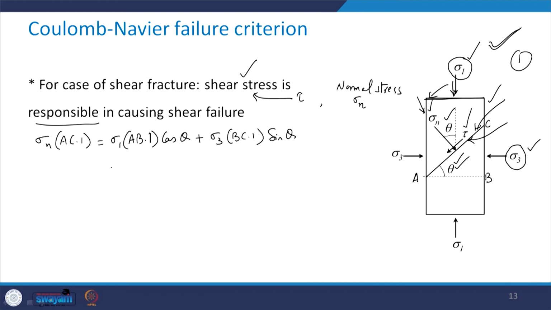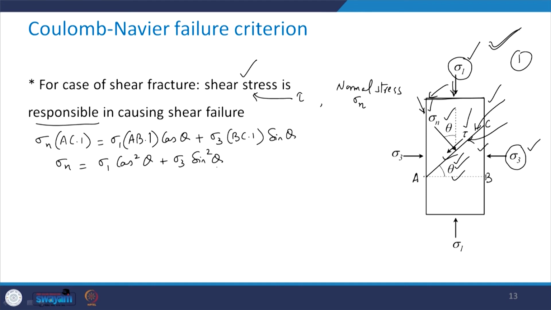So from here I will be able to get sigma n is equal to sigma 1 cos square theta plus sigma 3 sine square theta, because AB and BC can be written in terms of AC.